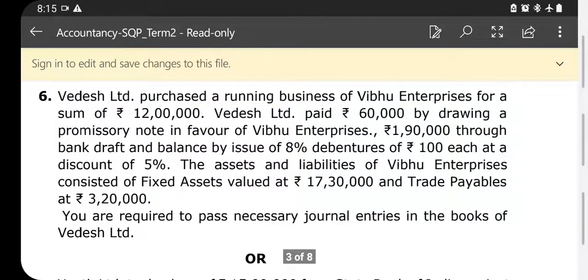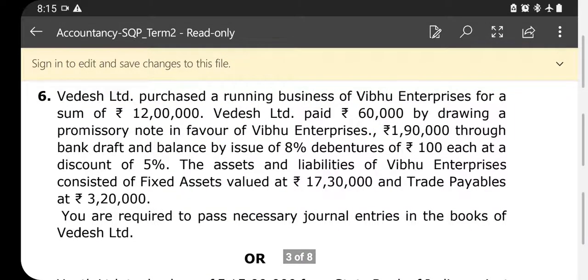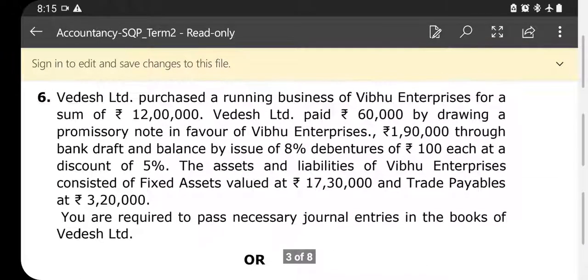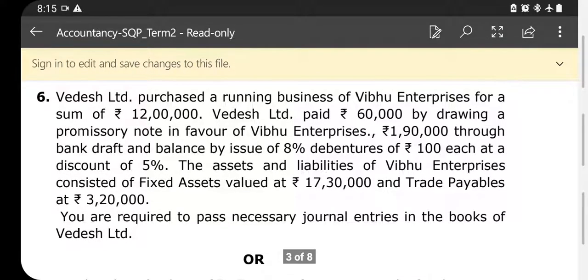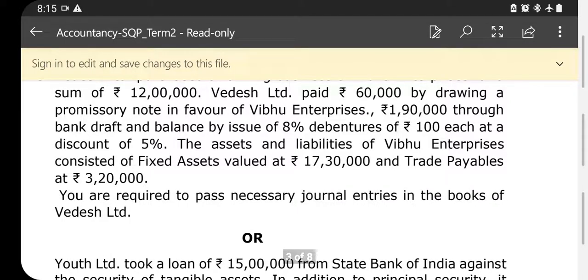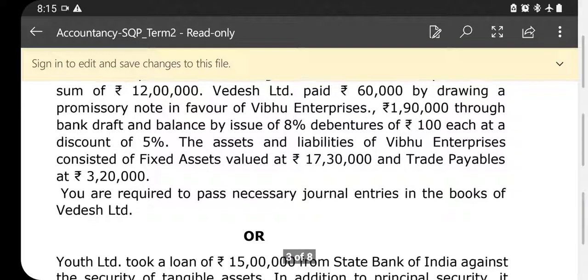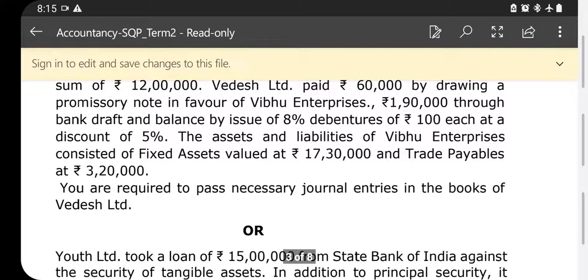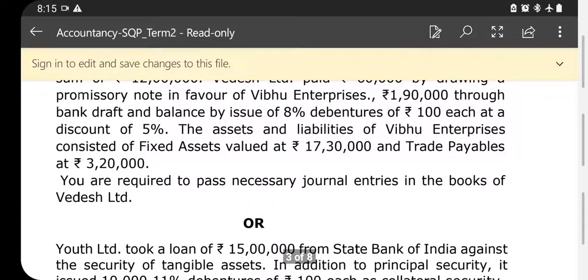Anyone you can attempt. Videsh Limited purchased a running business of Vibhu Enterprises for a sum of 12 lakhs. Videsh Limited paid 60,000 rupees by drawing a promissory note in favor of Vibhu Enterprises, 1,90,000 rupees through bank draft, and the balance by issue of 8% debentures of 100 rupees each at a discount of 5%.